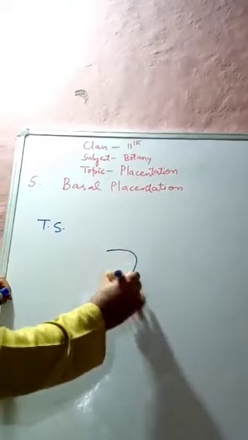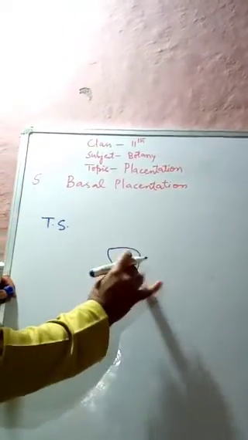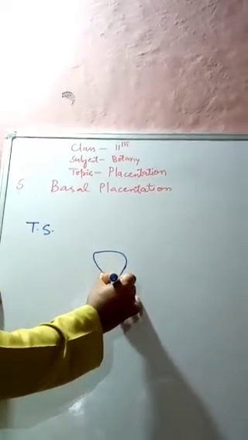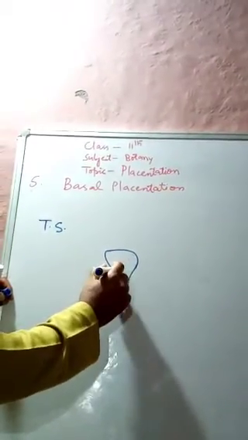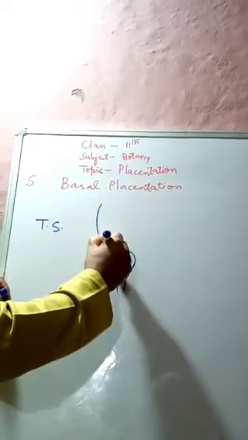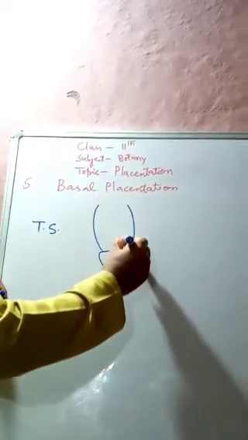If this is the thalamus, very good, then this is the ovary.